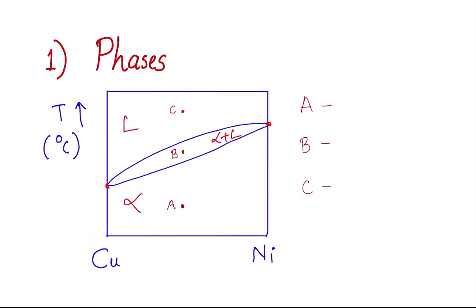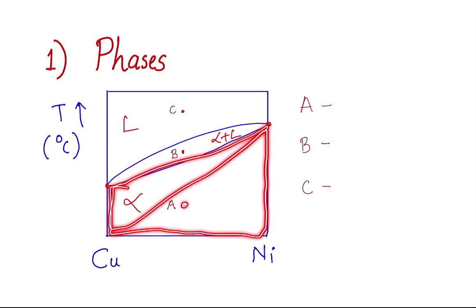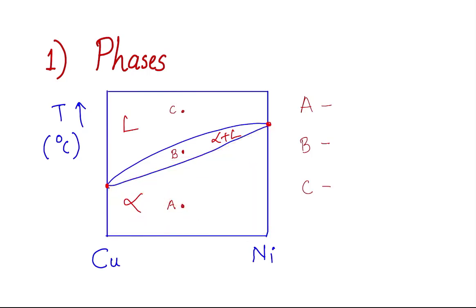That we will see now one by one. First, phases. The same phase diagram has been shown here. At point A, the only phase is solid because point A lies in this boundary. So you have to find out the number of phases in that particular boundary. In this boundary, we have only one phase, that is the solid phase, which we denote by alpha.